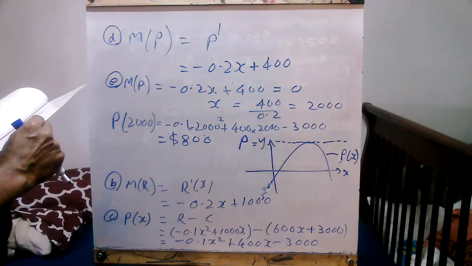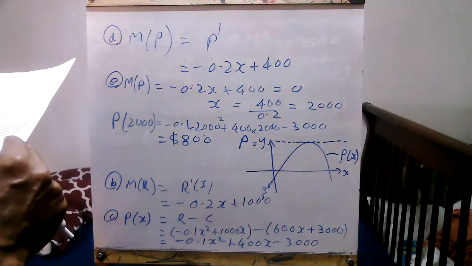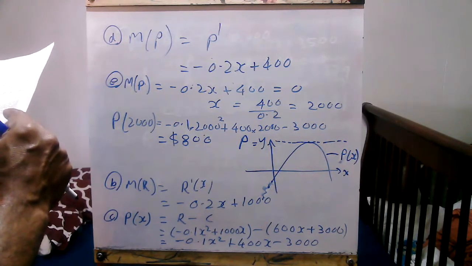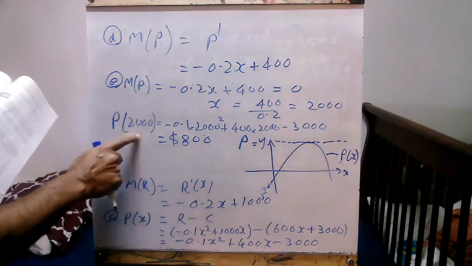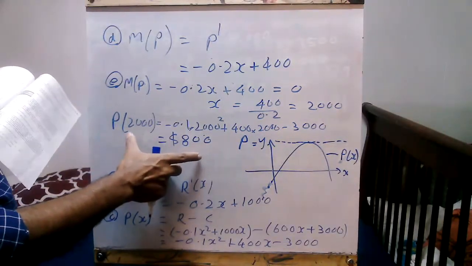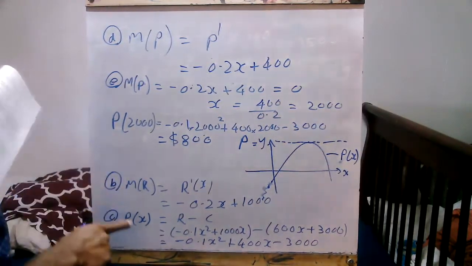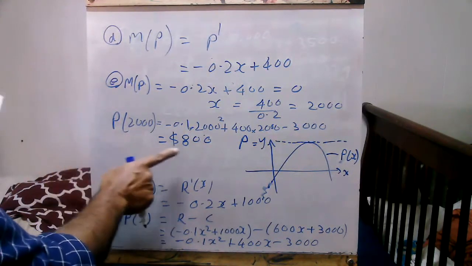What can you conclude about the profit at the price obtained in E? Okay. This is the price of 2000 radio. No, this is the profit.